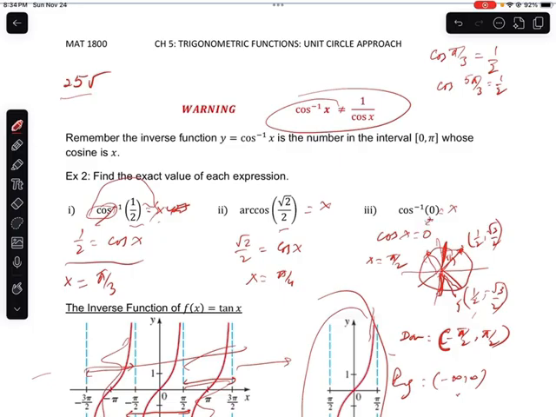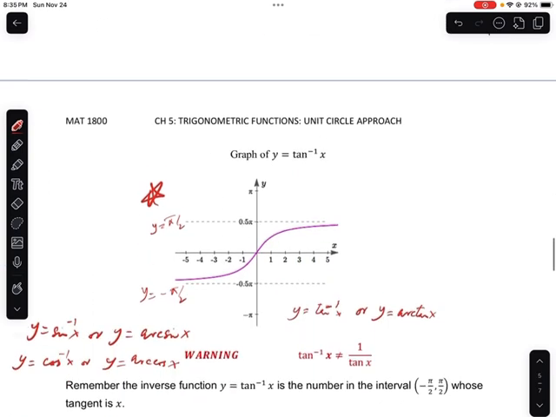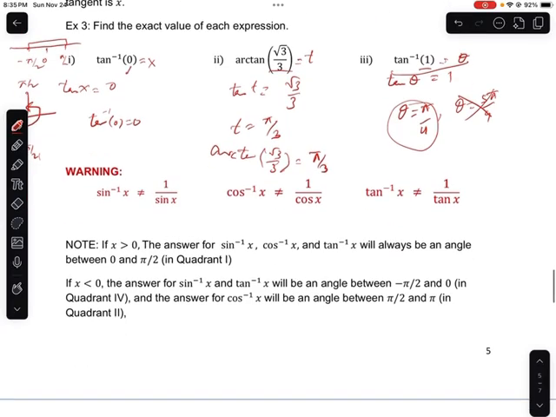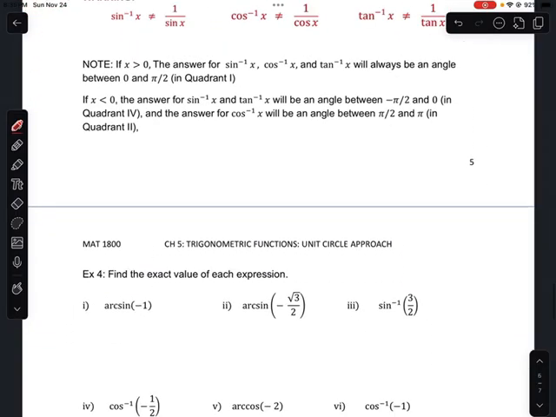So let me read it as arc tangent of x. So these are the inverse functions.